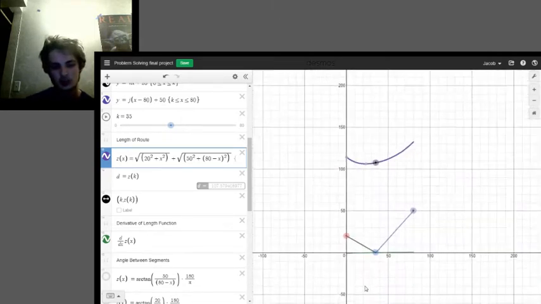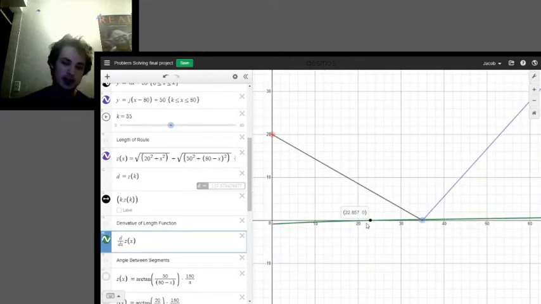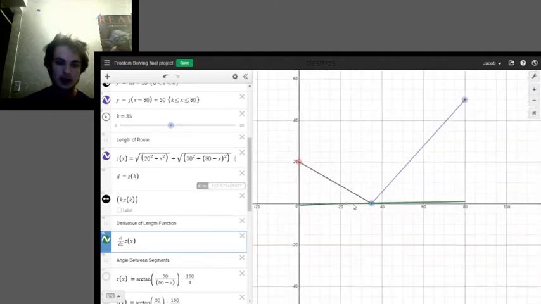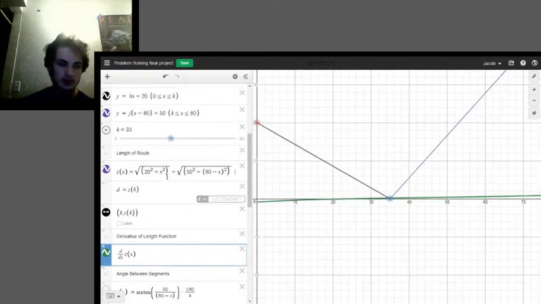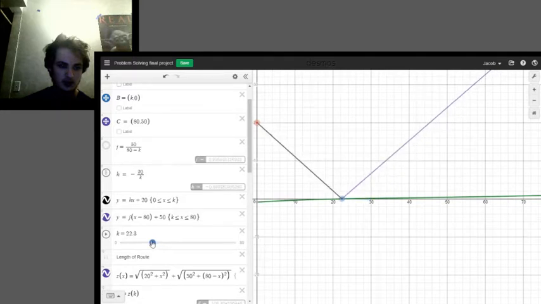Looking here where this crosses the x-axis, I can see that my minimum distance for the total path is found when my value of k is equal to 22.857.